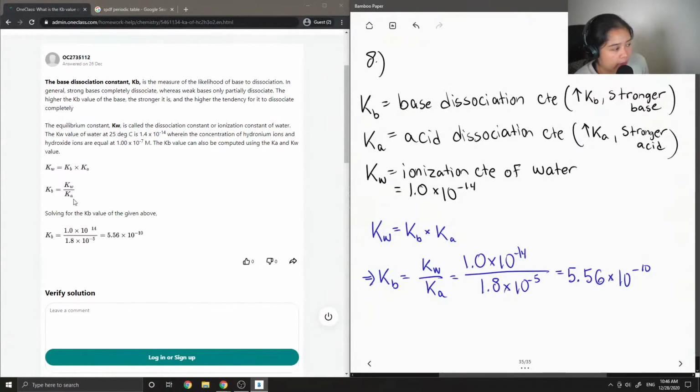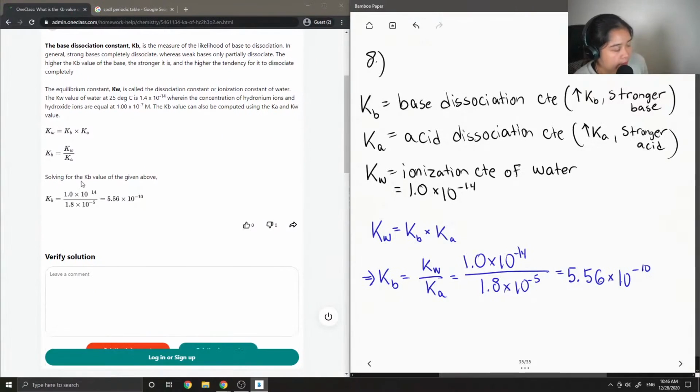Okay, so they showed the relationship between all of the different variables. Solving for the Kb value given above, 1.0 times 10, I think they mean to the negative 14, divided by 1.8 times 10 to the negative 5, gives 5.56 times 10 to the negative 10.